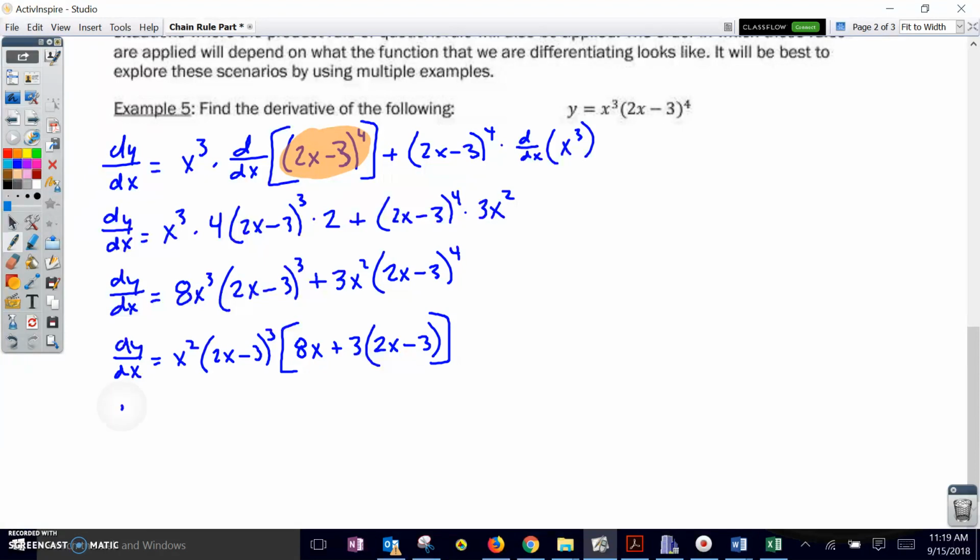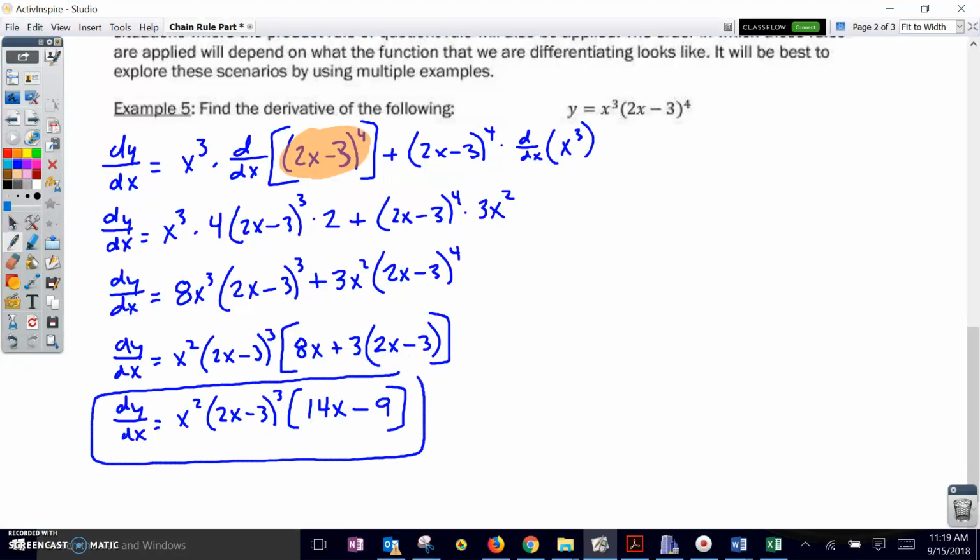And now I'm going to simplify what's inside the brackets. We've got a 6x minus 9, so that's going to combine to be 14x minus 9. And there is our derivative for y in this example. So we applied the product rule and the chain rule in this problem. Alright, let's go ahead and look at example 6 now.